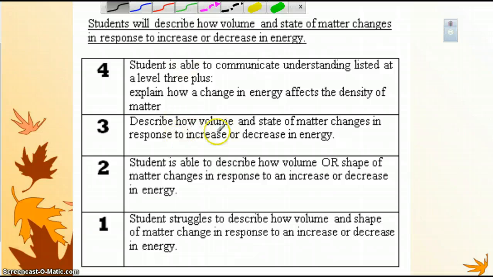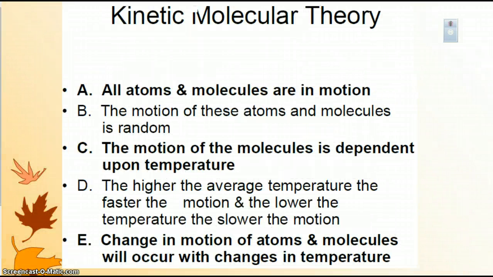You are able to describe how volume and state of matter changes with an increase or decrease in energy. That's the other important part of this goal. If you are above meeting the expectation, you are also able to explain how a change in energy affects the density of matter.